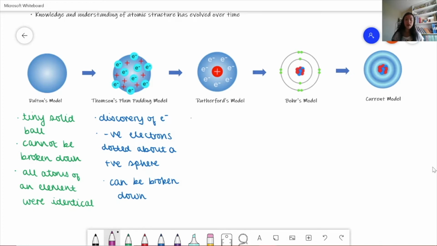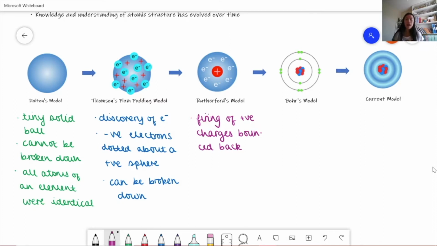So we had lots and lots of atoms in the gold foil, and when he fired these positive charges, he expected them to go straight through, but they actually bounced back.